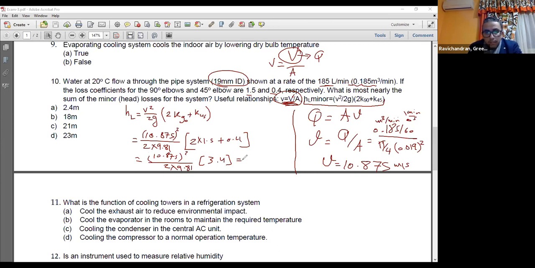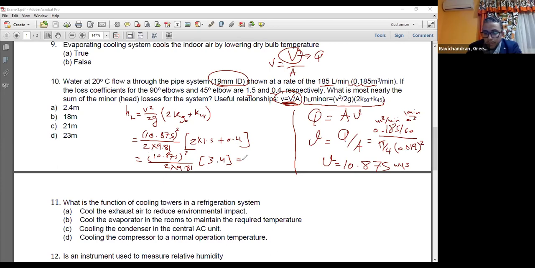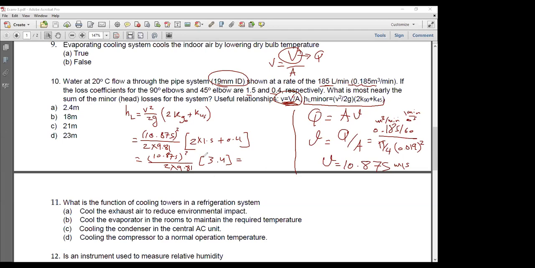This multiplied by 3.4. Answer is C. 1.81. Ah, I did something wrong. I didn't square this value. I forgot the square. Yeah. Answer is 20.51. I'll check, just wait.